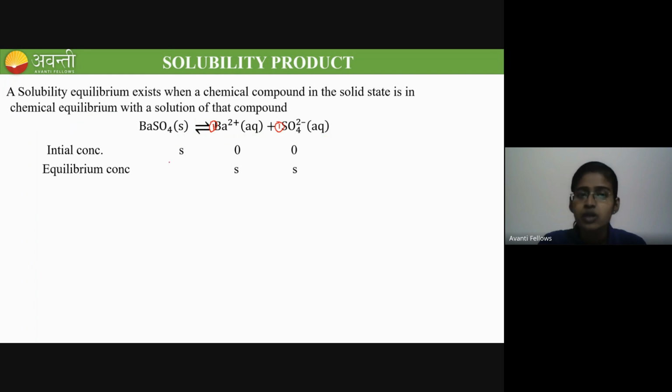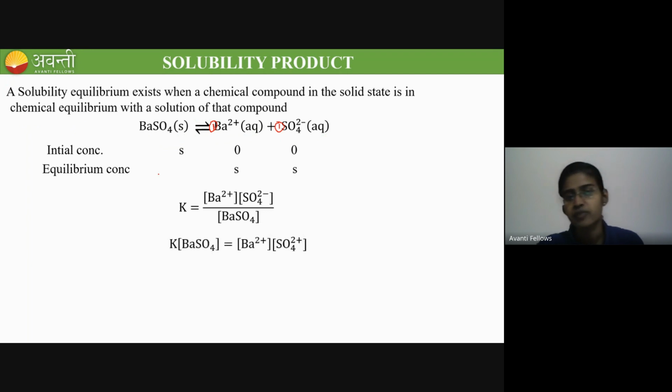So if I want to write the equilibrium constant for this reaction, what do I have to do? Equilibrium constant is nothing but the product of the product concentrations divided by the product of the reactant concentrations. So the products are Ba2 plus and SO4 minus. The reactant is BaSO4. Now take this BaSO4 to the other side. We will get K into the concentration of barium sulfate.